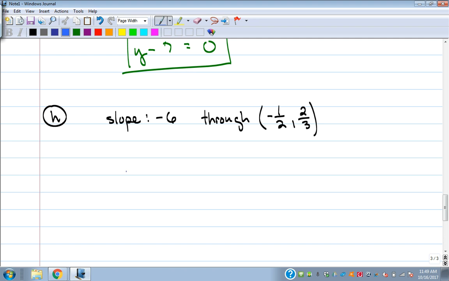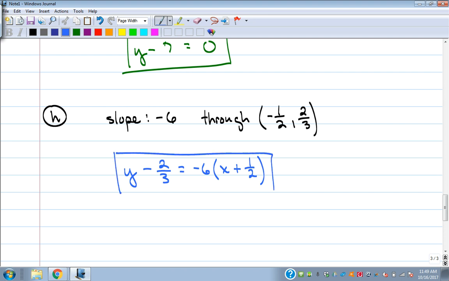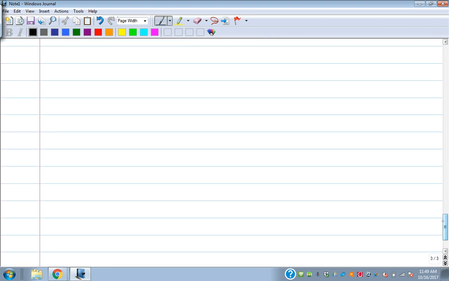So what's our equation? Y minus 2/3. Yeah, the minus -1/2 would be plus 1/2. And there's our point slope form. Okay, so given a slope and an ordered pair that it goes through, point slope form, really easy. Okay. Let's get to the next thing.